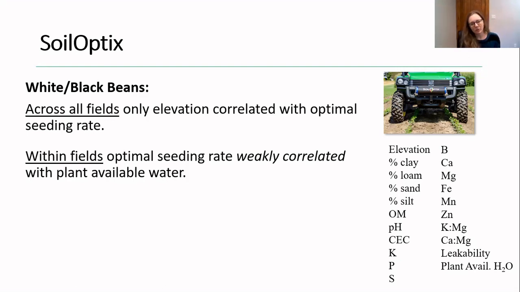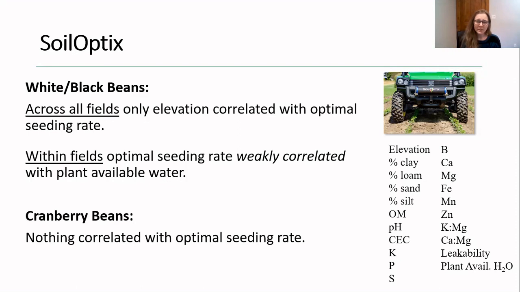So there is some credibility to that, although it's a bit of a weak correlation in this data. It's also a little counter to some of our thoughts on seeding. In wet areas of the field, we typically think we have higher rates of root rot, and so that doesn't translate to higher yields in some of the typical thinking about dry beans. But anyway, there was maybe a weak correlation there.